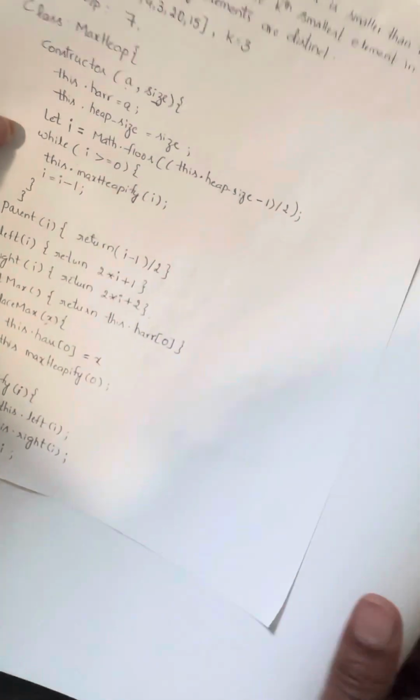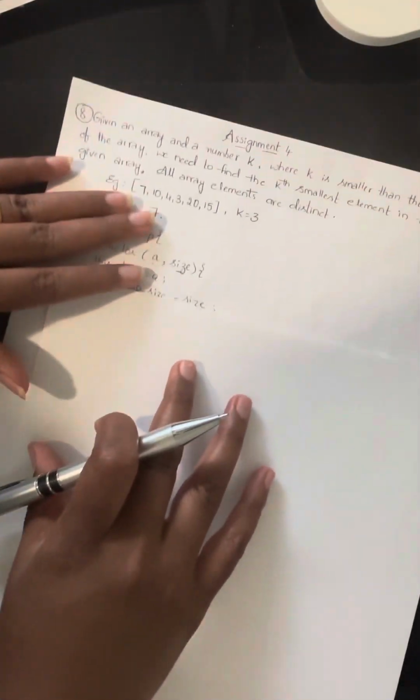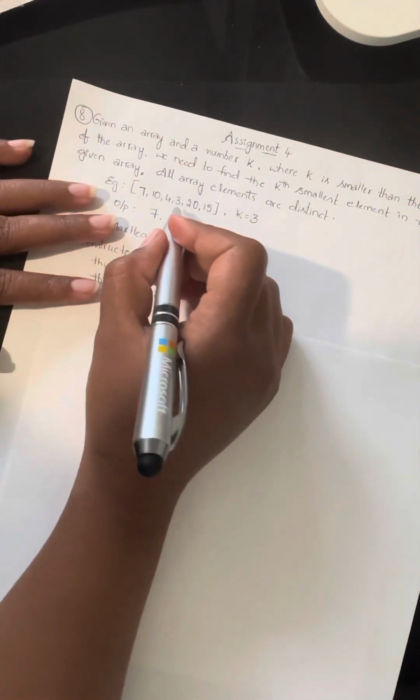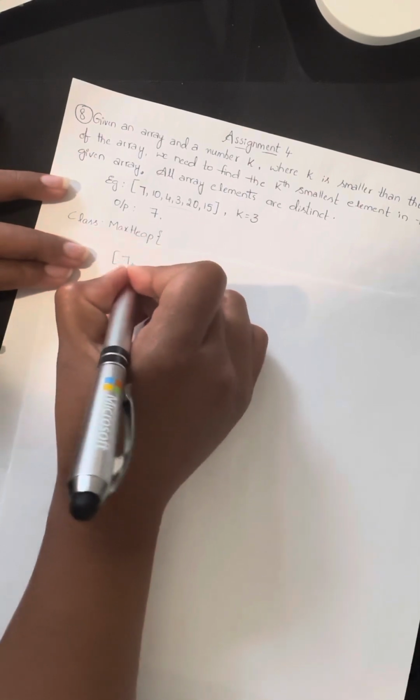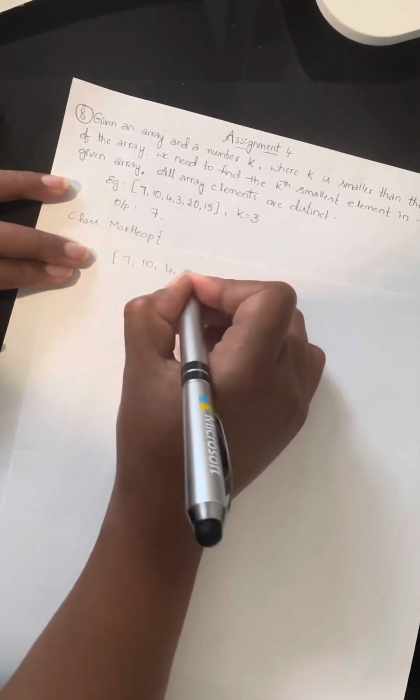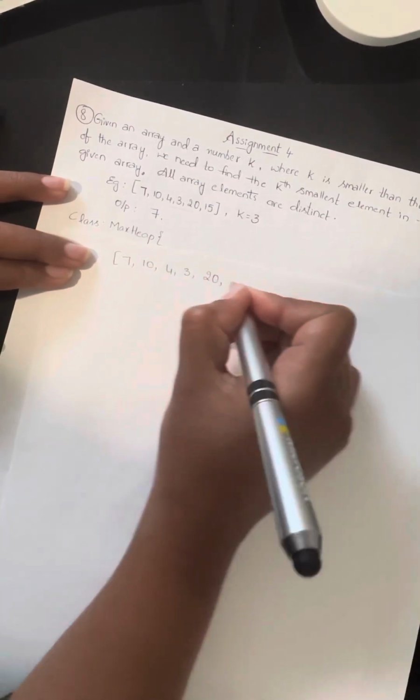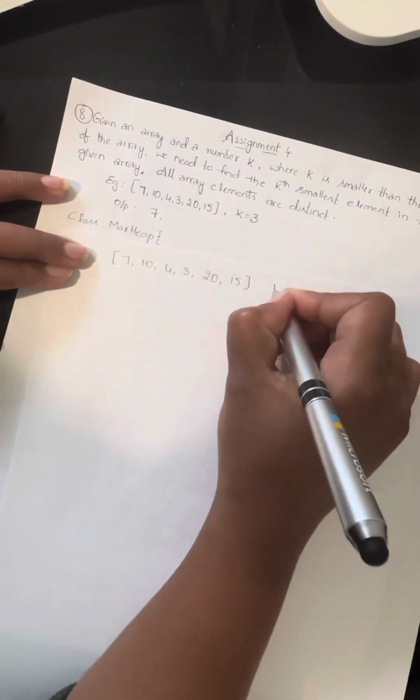Now let me explain this with an example. Let's take this given example: 7, 10, 4, 3, 20 and 15, and k is 3.